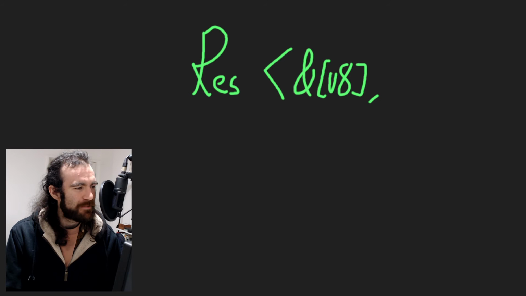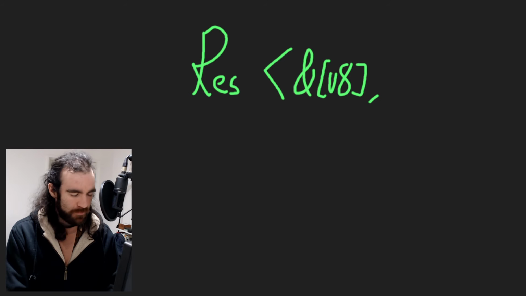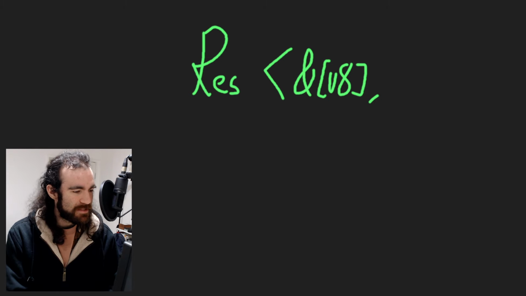What does this give back? Vec get. Wait, is this slice? This is slice get. So slice get. Oh, it's an option, sorry. So I can choose what I put in this error.